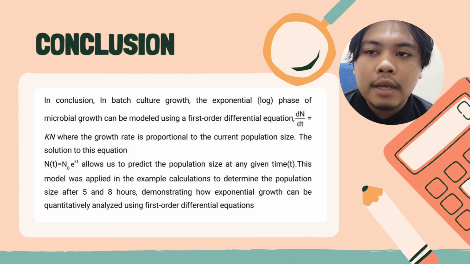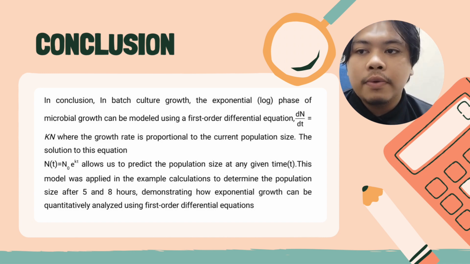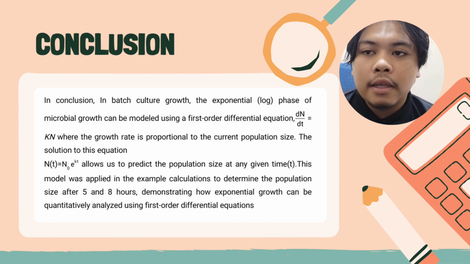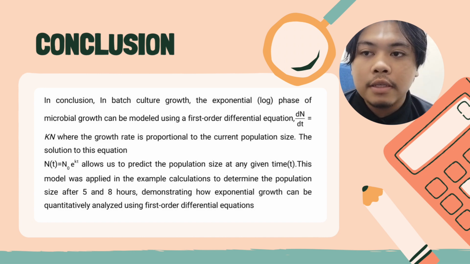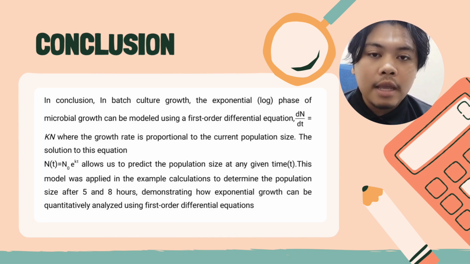It allows us to predict the population size at any given time. This model was applied in the example calculations to determine the population size after 5 and 8 hours, demonstrating how exponential growth can be quantitatively analyzed using first-order differential equations.